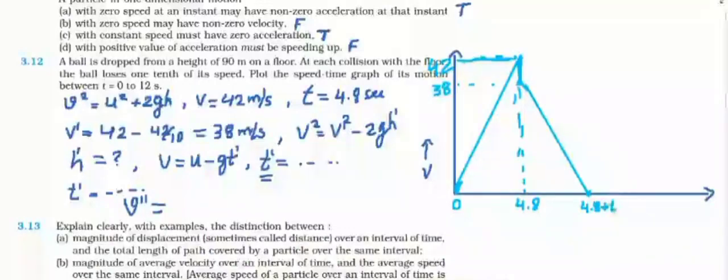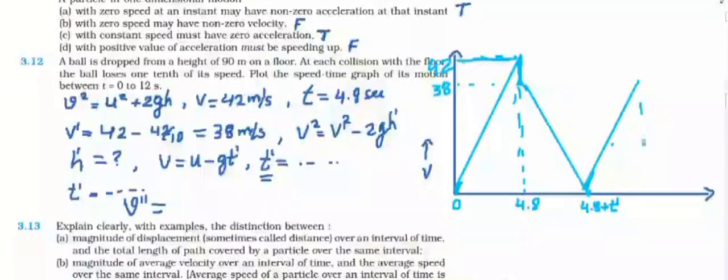So this will be 4.8 plus t dash. Then next step what happened? Now the ball is at the highest point. Now the ball falls. With the same time it takes to reach the ground back with the same velocity.